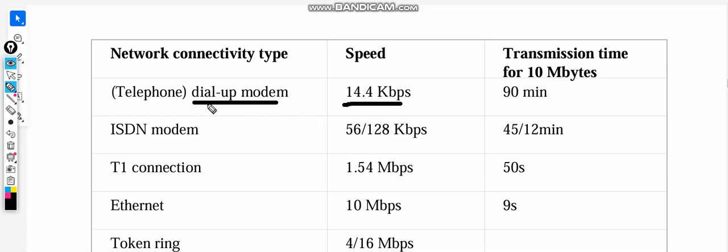So the speed of the dial-up modem is 14.4 kilobits per second. Transmission time for 10 megabytes of data is 90 minutes.